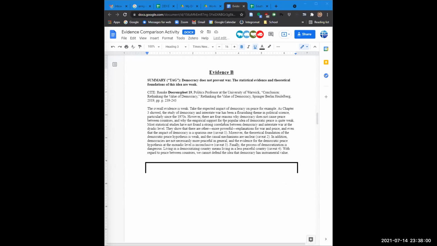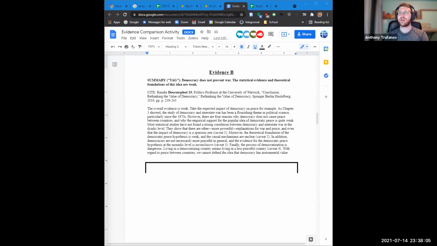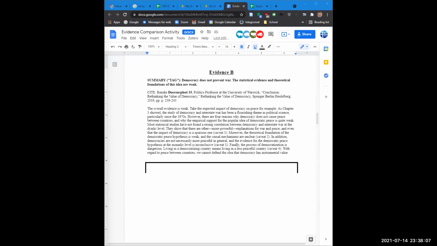I'm from group 7 and I want to talk about it. Go for it. We think evidence B is better because it compares different evidence, and it says how evidence that supports that democracy promotes peace is not very good and not relevant.